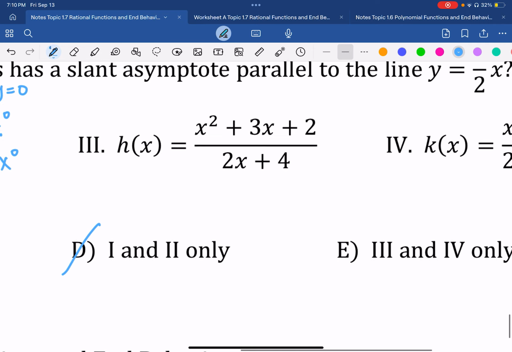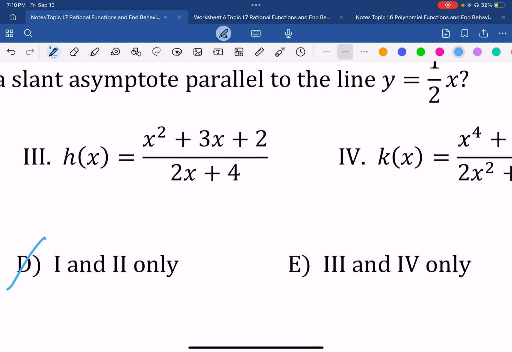Okay, let's look at equation 3. x squared plus 3x to the power of 1 plus 2 times x to the power of 0 divided by 2x to the power of 1 plus 4x to the power of 0. The leading term would be x squared in the numerator and 2x in the denominator. If you look at the degrees, we have a 2 in the numerator, which is bigger than the degree of the denominator, so this will be BOTN.